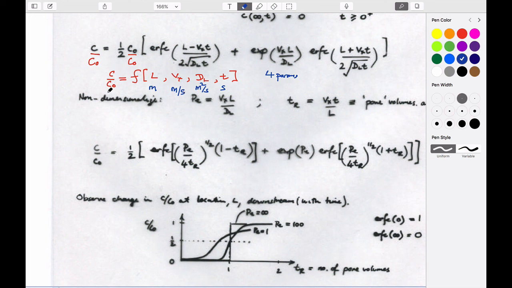Mass is involved in here, but actually it's the ratio of each other, so we're not worried about that. So we have length and time represented, so 2 components. And the number of pi groups is going to be equal to 4 minus 2. So we have 2 pi groups. 2 dimensionless groups would define this behavior. It turns out that these 2 dimensionless groups, which I've almost overprinted here, are these here.